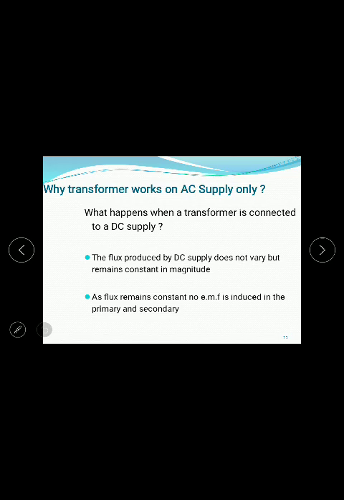The circuit will behave as short circuited, so the current flowing through it is high. When DC supply is connected, there is no rate of change of flux, and a high current will flow in the transformer, and the transformer will burn.